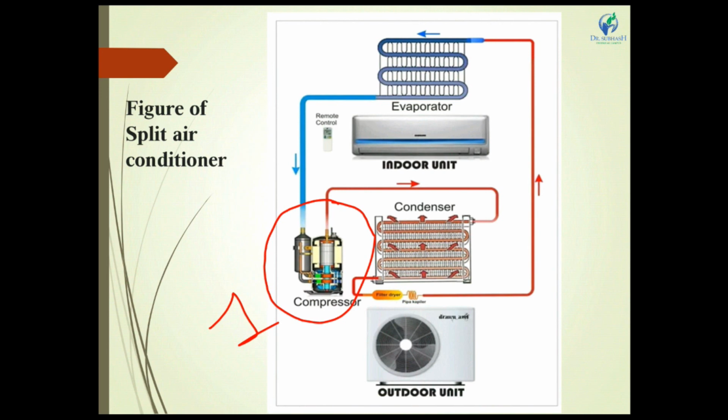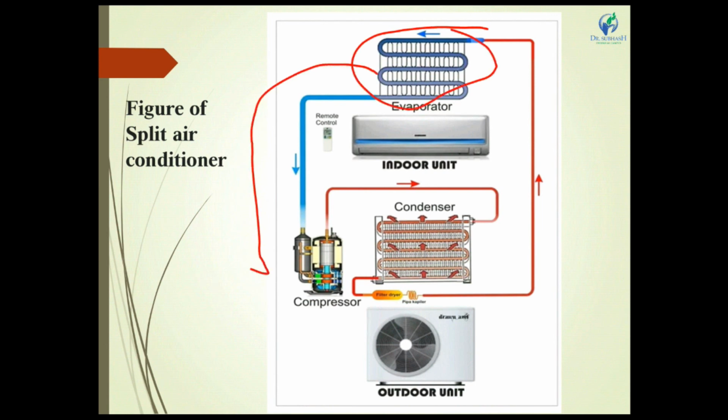This refrigerant passes through a filter and the expansion device, where we lower the pressure and temperature. Then at lower pressure and lower temperature, it gets into the evaporator and comes back to the compressor for continuous working of the cycle. This is the main working we show at the start of this video.